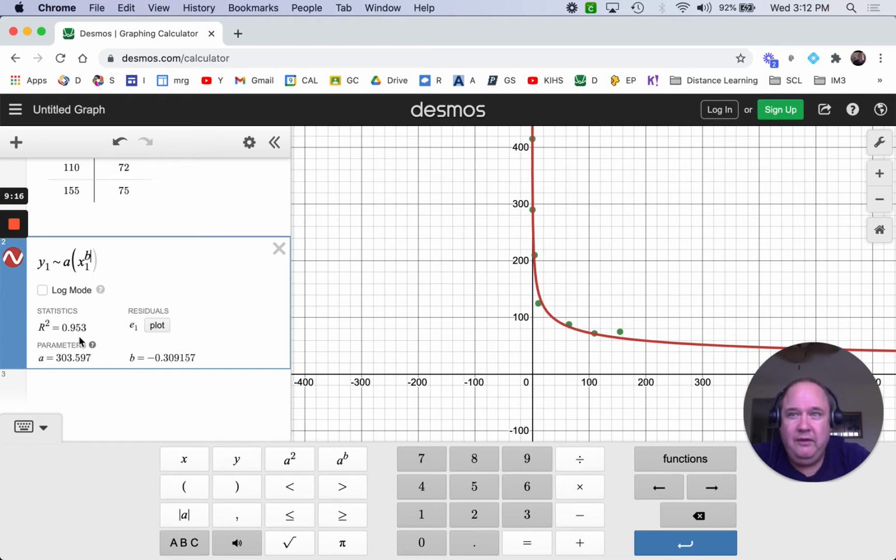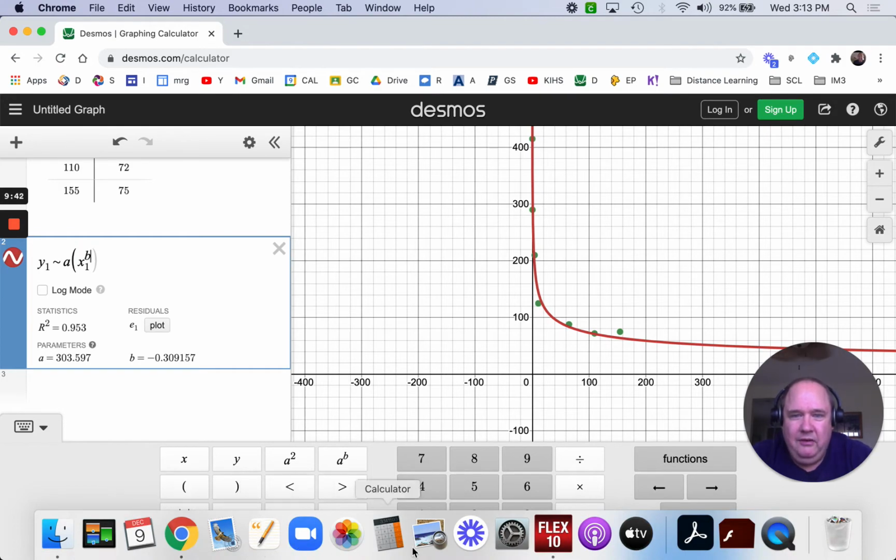It's just not as good as the one we had before. So I'm going to write down f of x equals a, which is 303.597. The base is x, and the exponent is negative 0.309157. So I have a power function now that I can use.